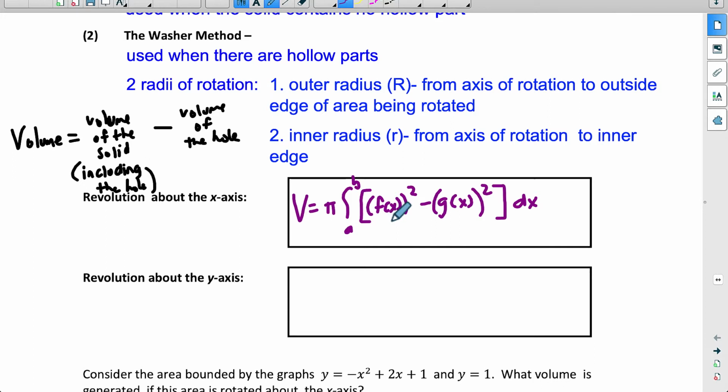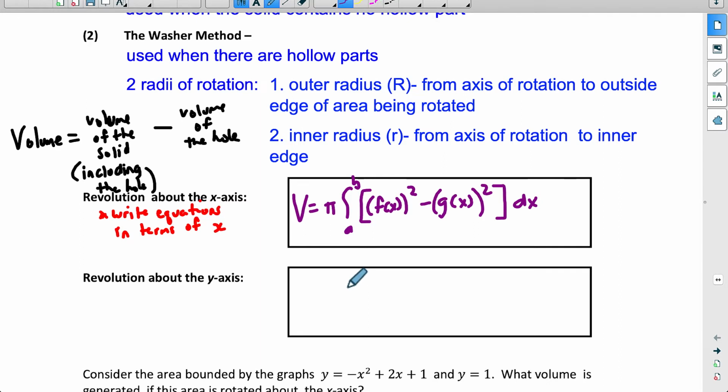So the f function is going to be the volume of the solid including the hole, and the g of x function is going to be the volume of just the hole. Subtract those, you're left with the volume of the solid itself. And in this case, you would write the equations in terms of x. That is, after all, why you have this x here and this x here. It's showing you're writing your functions in terms of x.